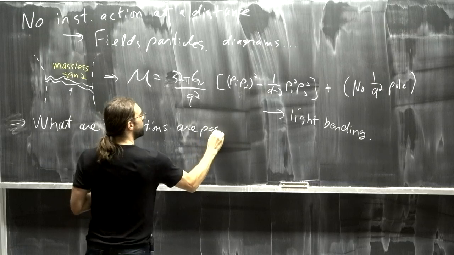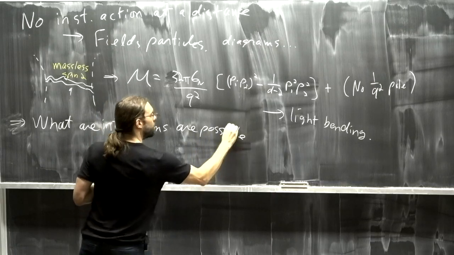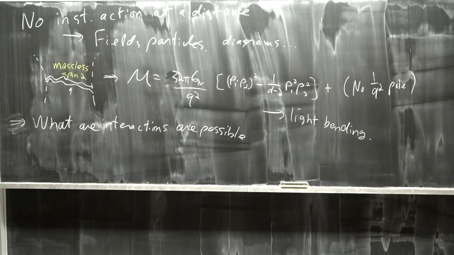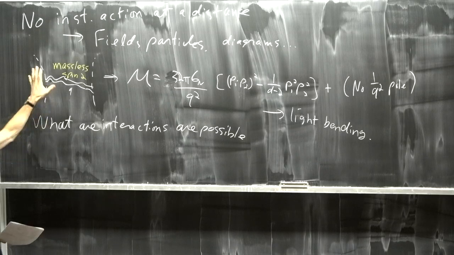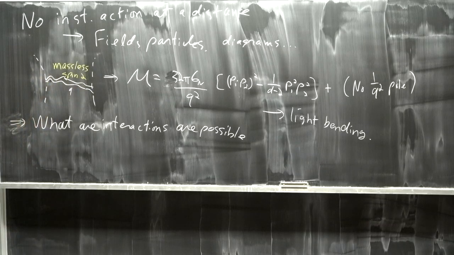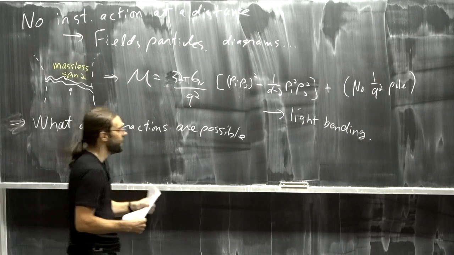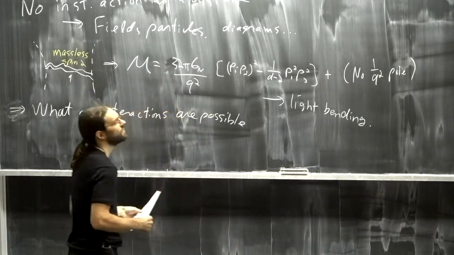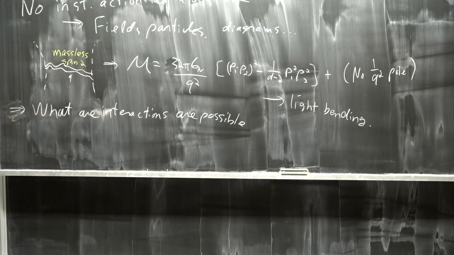So I will try to highlight some of the ideas, but also the limitations of this S-matrix approach to understanding interactions. A lot of what I will discuss has appeared in the past in lectures, for example by Nima Arkani-Hamed over the past 15 years.